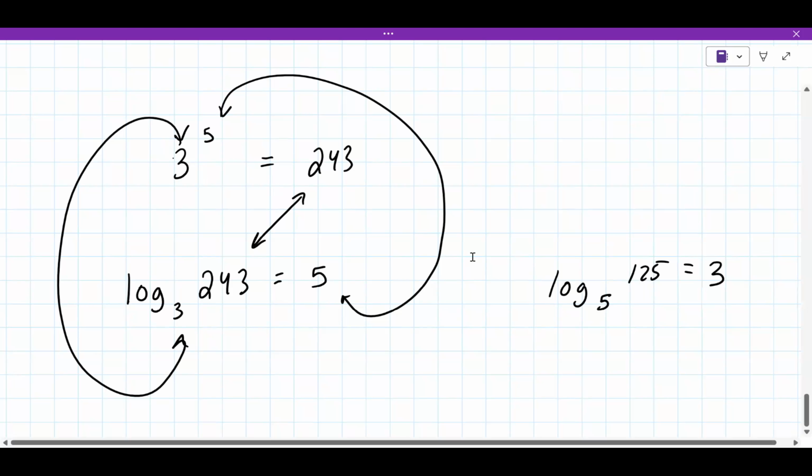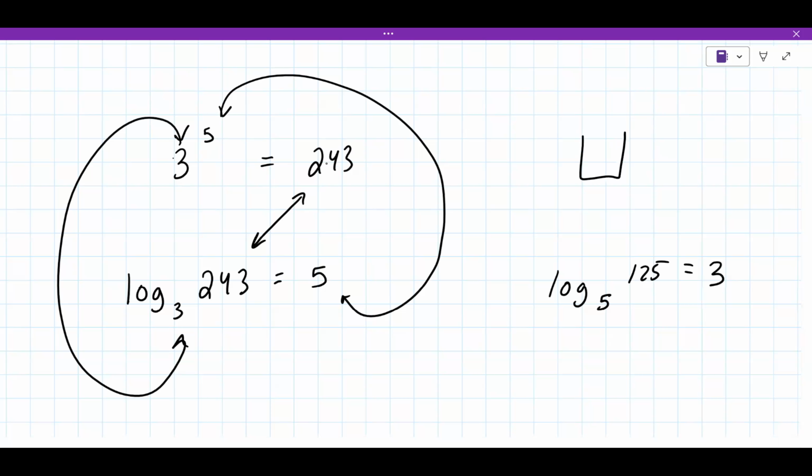So it would be log base of 125 with, and then it's 3, and then it equals 5. I don't know if I worded it wrong. So I'm looking for the exponent form. So you're going to say blank to blank equals blank. We're looking for a number equals a number.